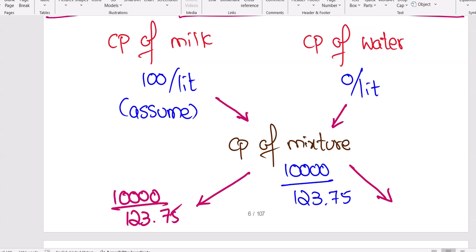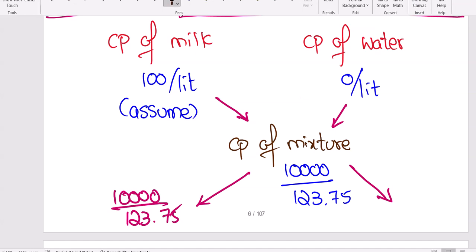For your easy calculation, this is the smart trick: I'll multiply the numerator with 123.75, and the denominator also 123.75. Then 100 into 123.75 will become like this.